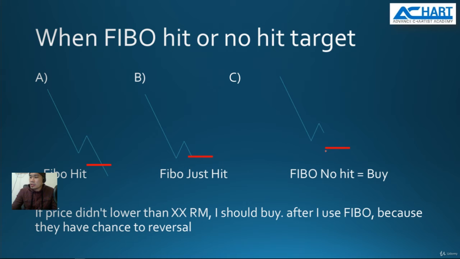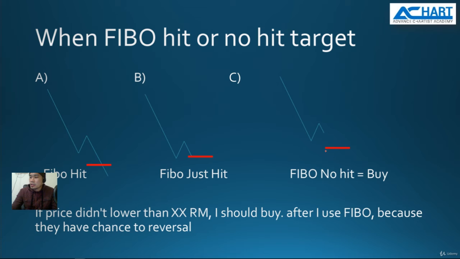And if we measure the Fibonacci target up but it does not hit, and subsequently when we measure the Fibonacci target down it hits, that means it is in a downtrend movement.